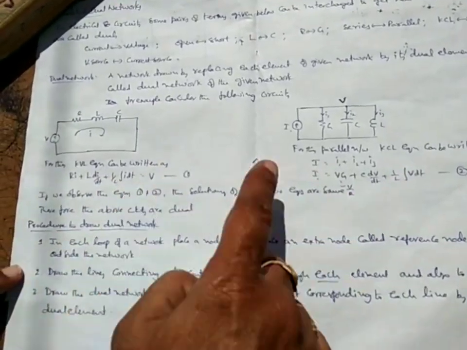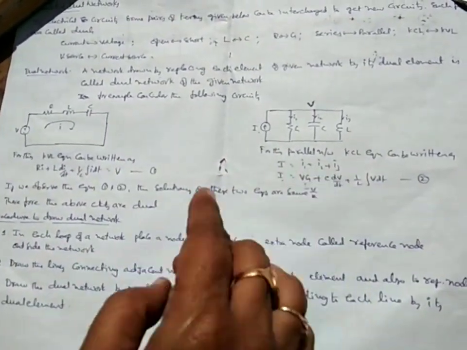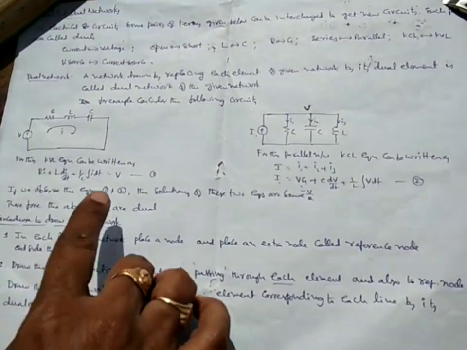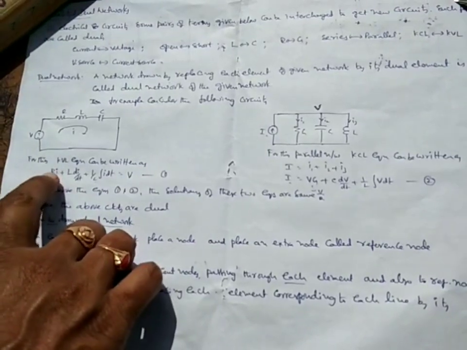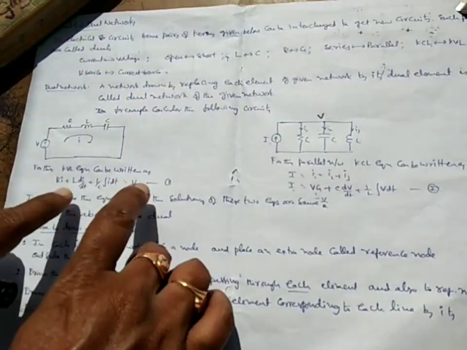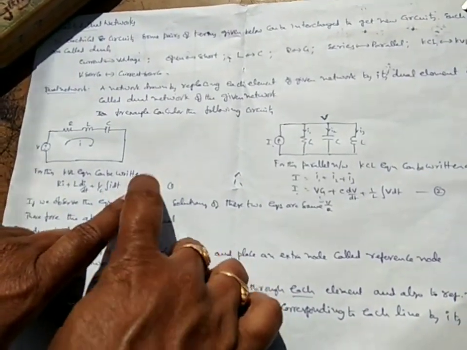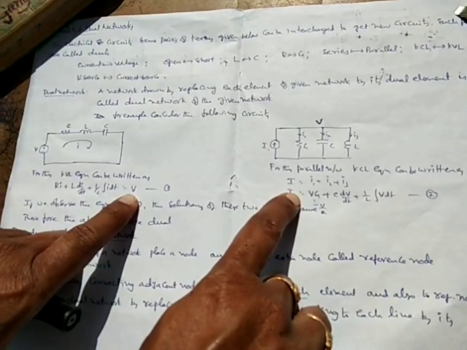If we observe these two equations, the solution will be the same for both. One more thing we can observe from these two equations is that each term in one equation is the dual of the same term in the other. For example, source voltage here, and here it is current; voltage and current are dual.